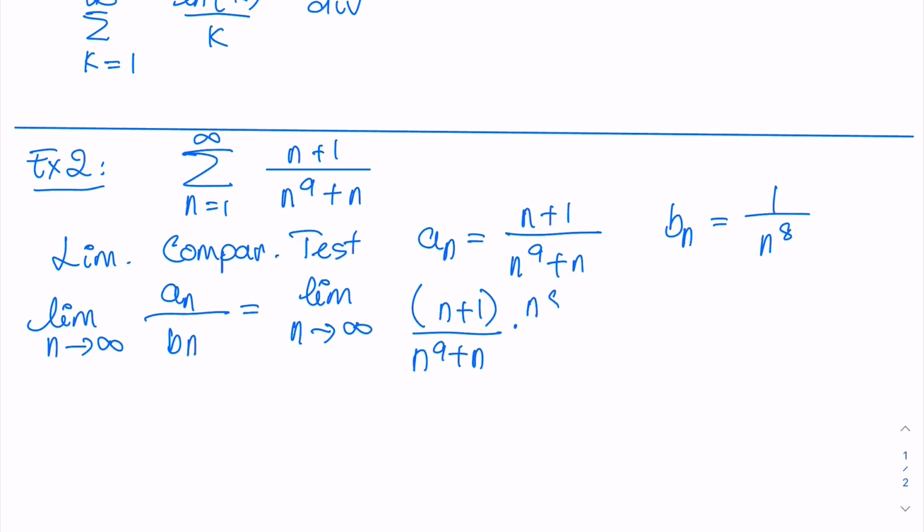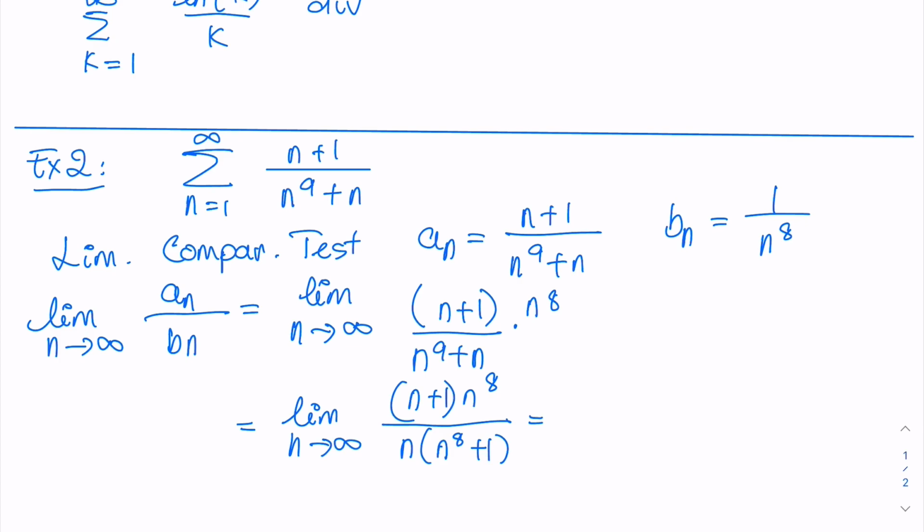So b sub n is going to be up here. I can just factor out the n on the bottom here. So I ended up with n plus 1 times n to the 8th power over n to the 9th power plus n.